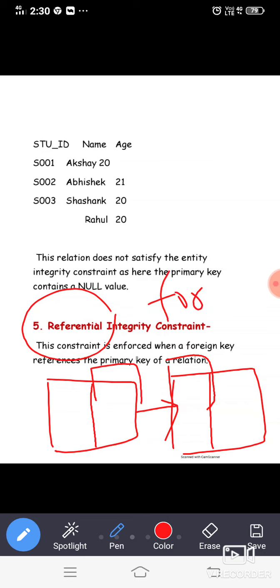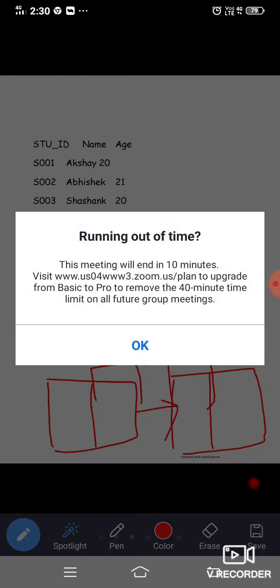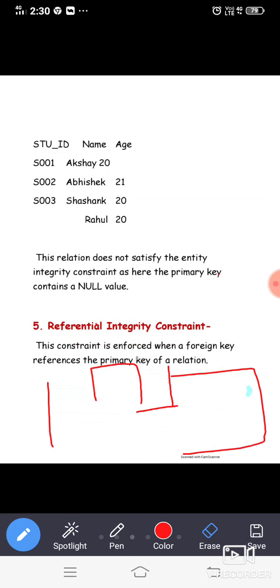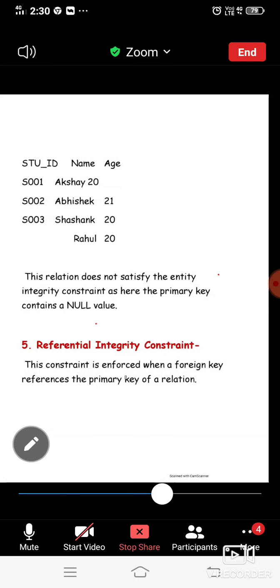We already discussed what a foreign key is. In the foreign key, we link the first table with the second table based on a common column, one common column which exists between the first table and the second table.